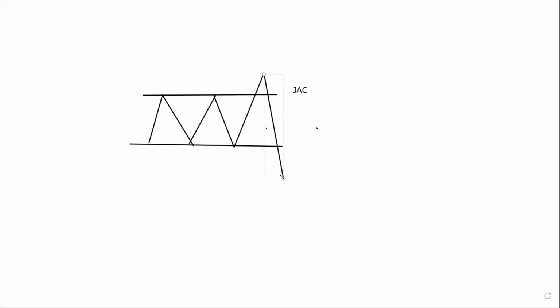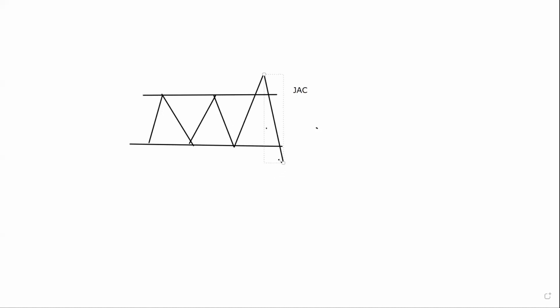As we go to the top side here, we are experiencing a breakout here. We call this breakout a JAC, right? Jump across the creek. Now, when this breakout fails, it will turn into an upthrust and go down.